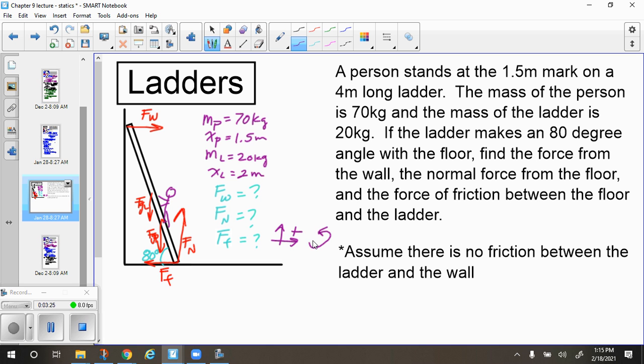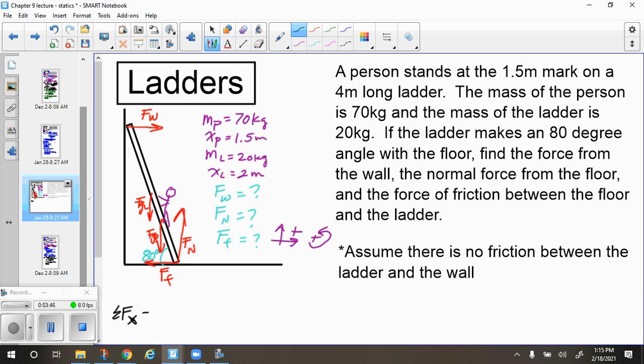So I'm going to use the usual convention. Okay, so then we'll have sum of forces in the x, and I'm going to write these without vectors. I'm going to do negative signs instead of adding them all together.